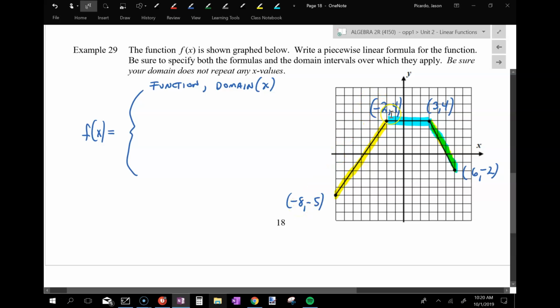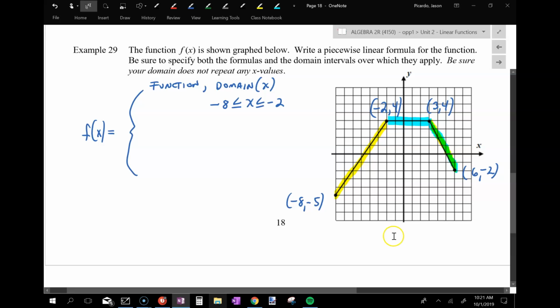To -2. So the first rule is going to start at -8 and end at -2. Gavin, notice what I did here. I included -8, right? Because I said less than or equal to. I also included -2.